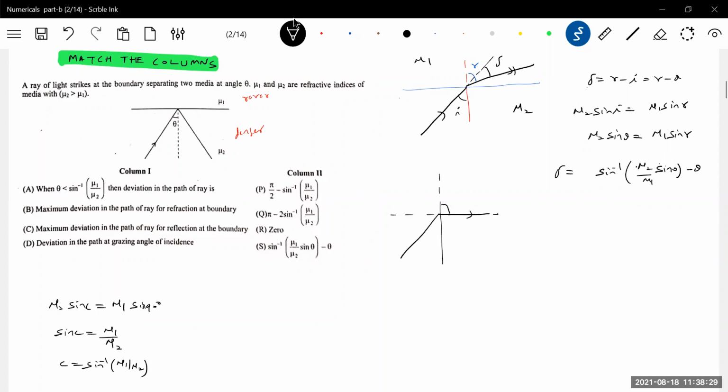This deviation will be maximum. Oh no, it can be like this, huh? When the angle of incidence is greater than the critical angle, then the deviation is maximum. This is the deviation.